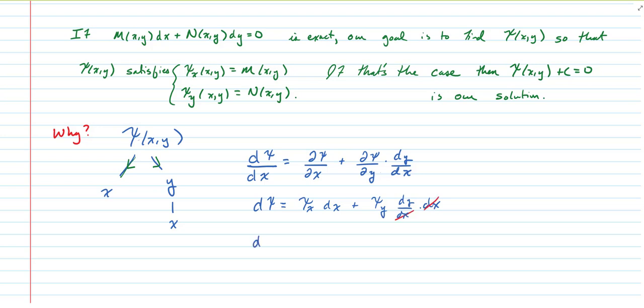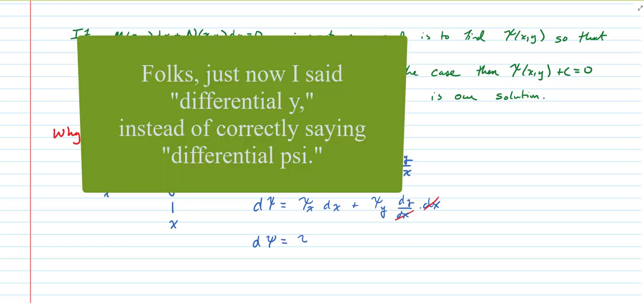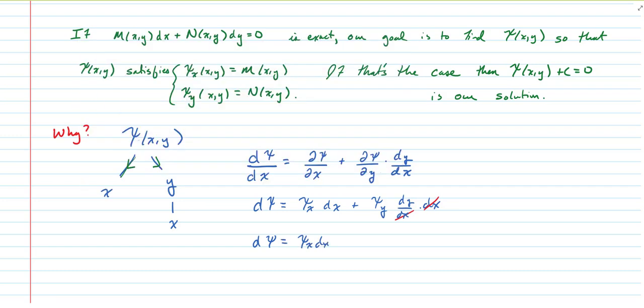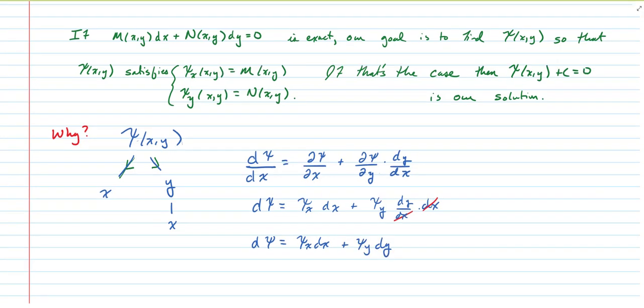And so I end up with the differential psi is equal to psi sub x dx plus psi sub y dy. But remember, we chose our psi to satisfy these two requirements. Psi sub x is M and psi sub y is N. And so really this is differential psi is equal to M dx plus N dy.